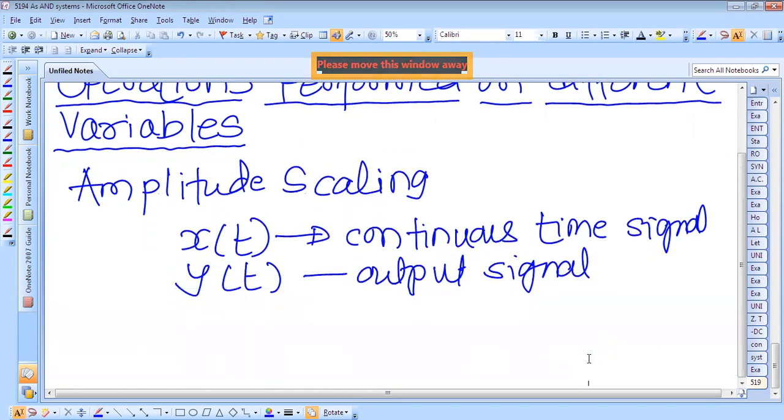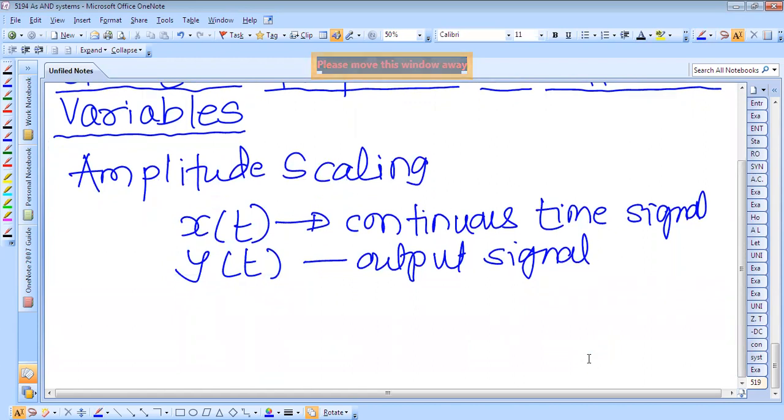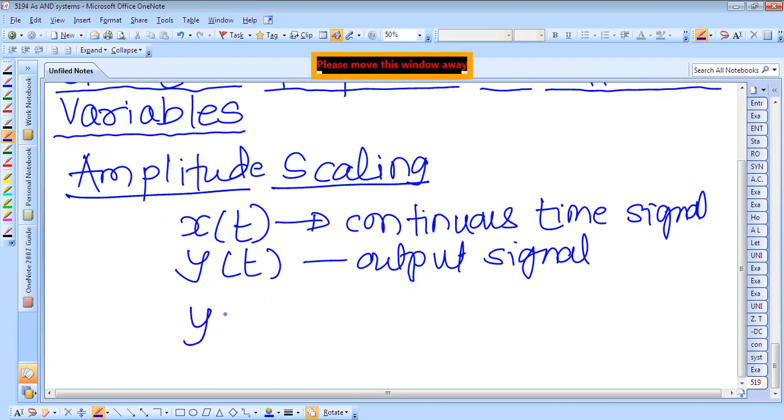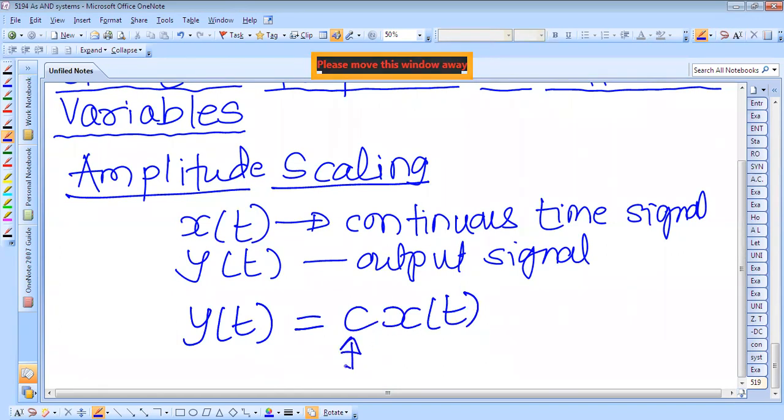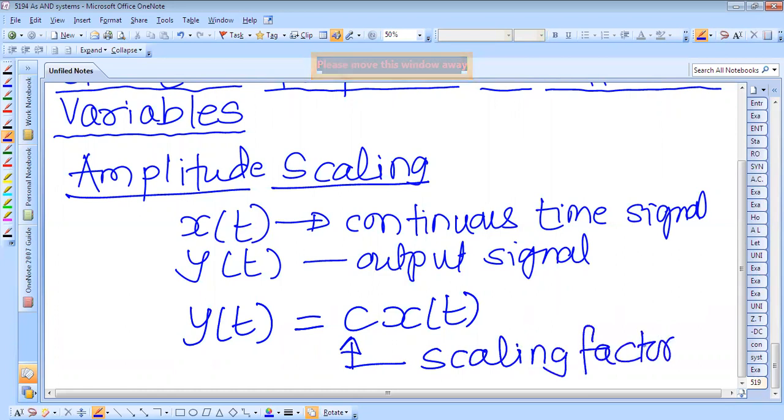By the amplitude scaling, if x of t is the continuous time signal, the output y of t resulting from an amplitude scaling applied to x of t, we can write like this: y of t is equal to c into x of t, where this c is called the scaling factor. So this is equation number 1.